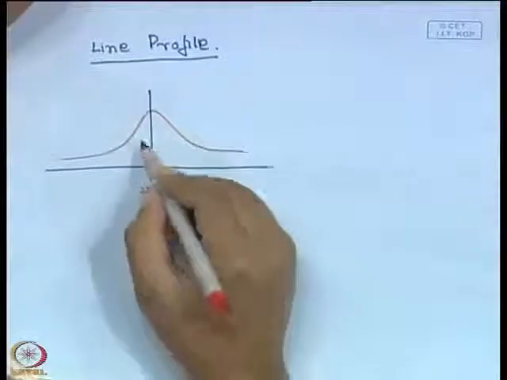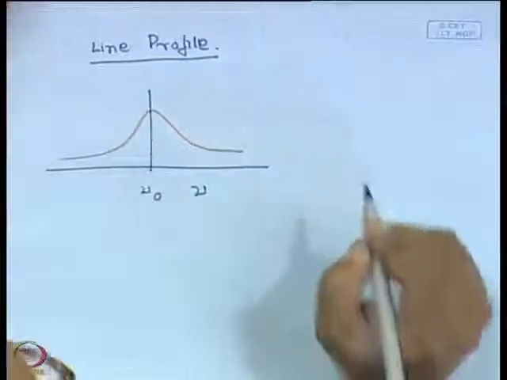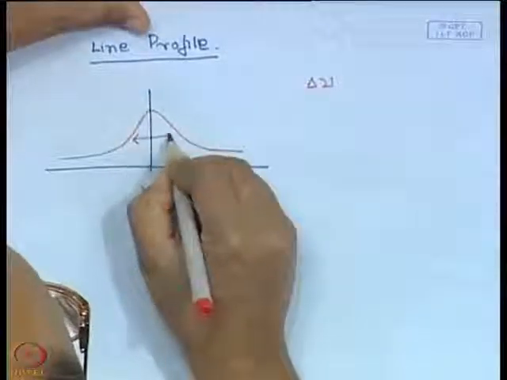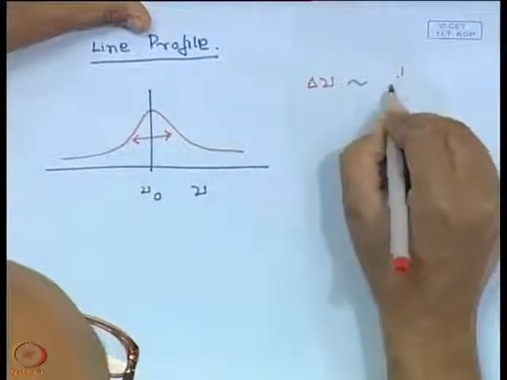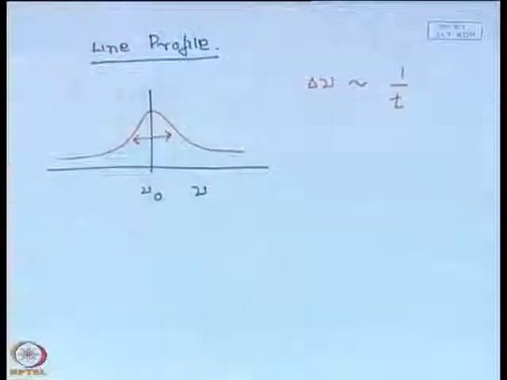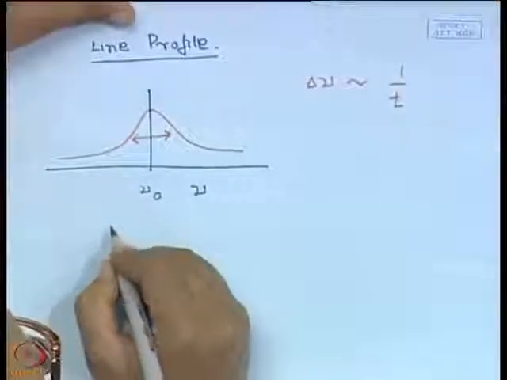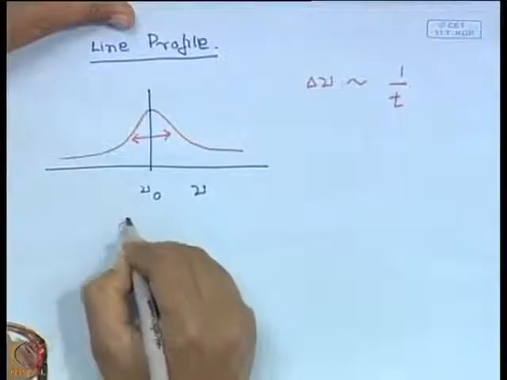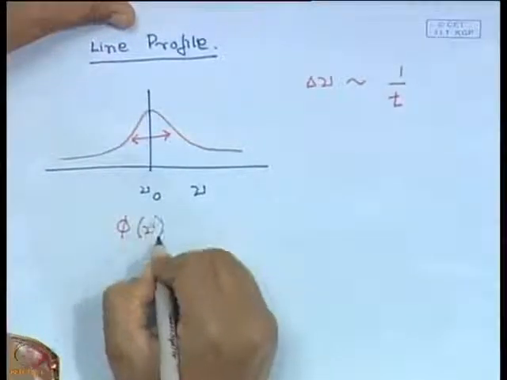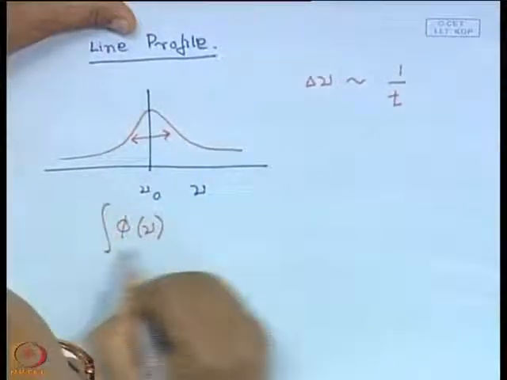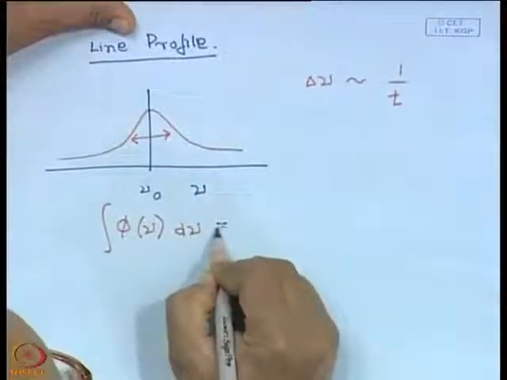The natural width of this transition is of the order of 1 by the lifetime of this two state system. And we have something called the line profile function, which is defined so that it is the fraction of the energy that comes out in each of these frequency intervals, and it is defined in such a way that this integral is equal to 1.